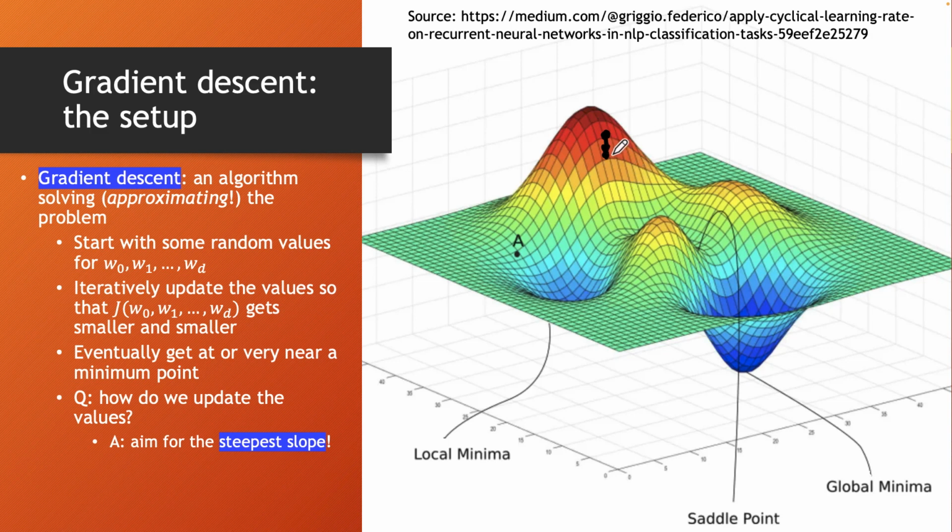Then you are evaluating again what's the steepest descent at this particular point, and maybe you decide that this is my steepest descent, and you update your parameters again, and that means that now in this landscape you are here at this point with your loss function. Again, you are estimating the steepest descent, and maybe that's going to bring you to this point, and so on. You are doing this over and over again until you reach a minimum point in the loss function, or as I said, you just reach the maximum number of iterations you set for yourself.